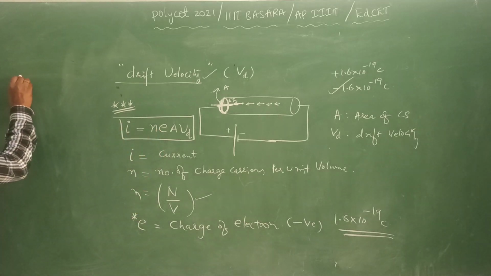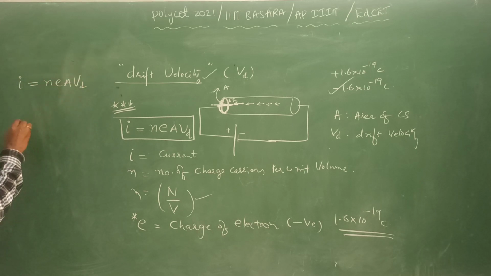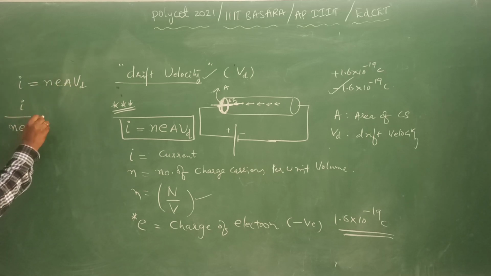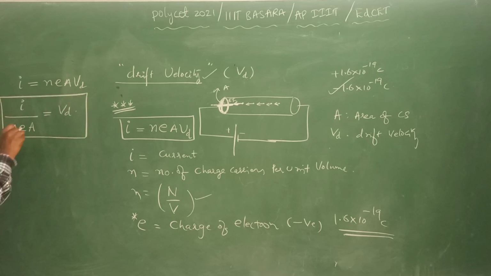If you see, I is equal to NEA into drift velocity, then all these terms come into the denominator. Drift velocity equals I by NEA. Understood? So the drift velocity formula is I by NEA.